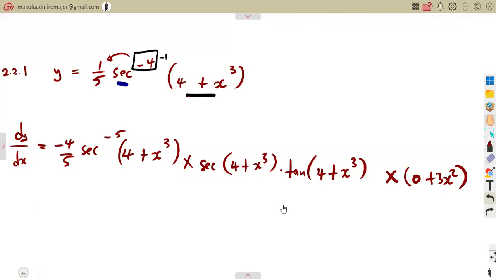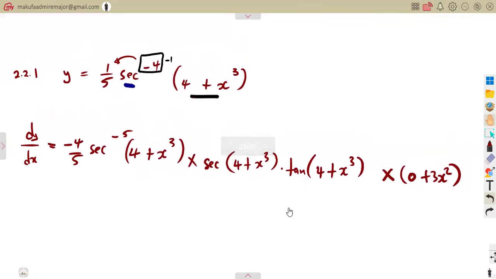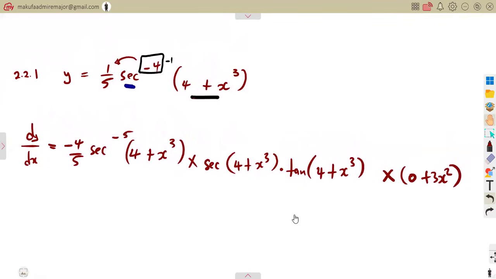Remember, the simplification there is not required. So you can just leave your answer like this. It's fine like that. So the power, the trig, the algebraic, just like that. You can differentiate anything of that nature.